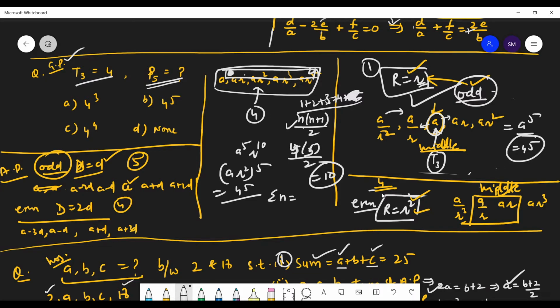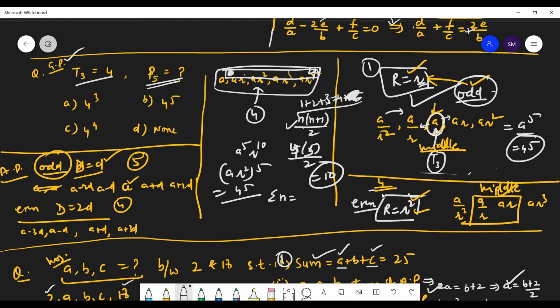Okay, let's try to solve it. Let's see what will be the... So students, a common ratio is r, and that will be your... So let us divide term 1 by 2.